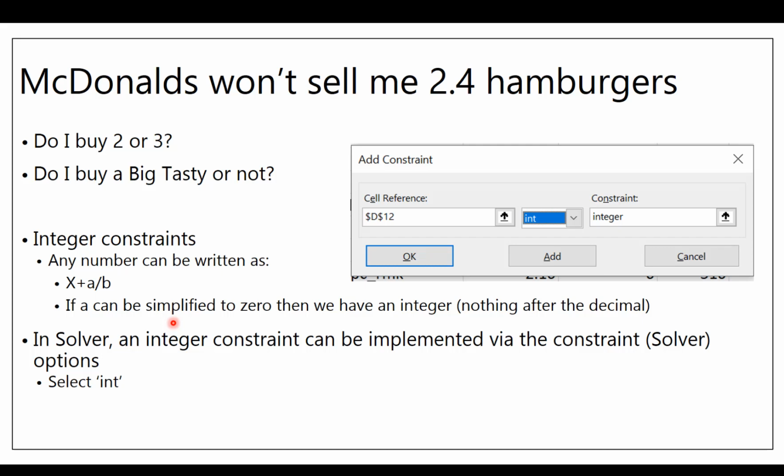If a can be reduced down to 0 through some reduction or simplification, then what's left is an integer. There's nothing after the decimal. So for Solver, an integer constraint can be implemented just by choosing int.